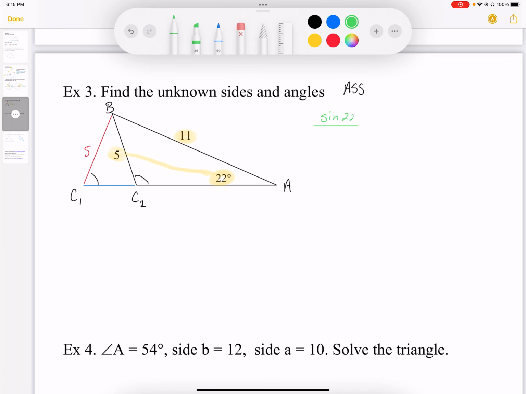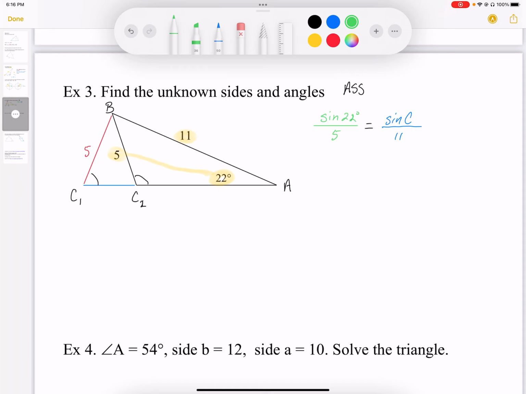Sine of 22 degrees over the opposite side length 5 is equivalent to, so we're going to pair up the side 11, so it's going to be 11 and sine of C. Okay, and then we're going to solve this for the values of angle C.